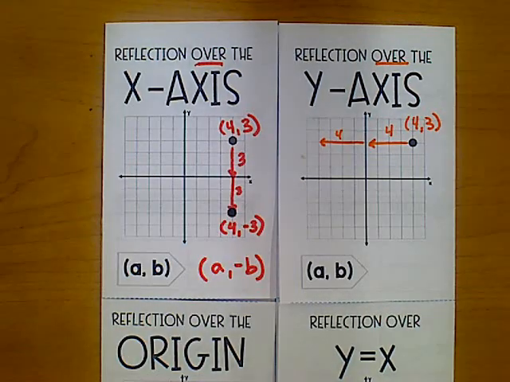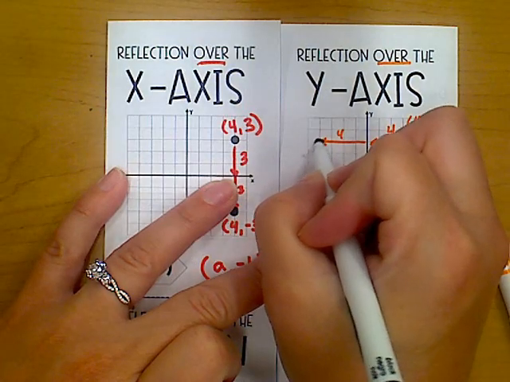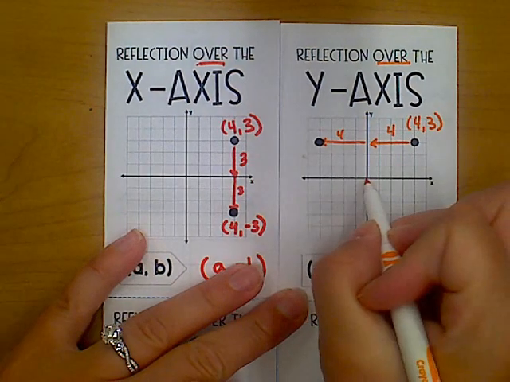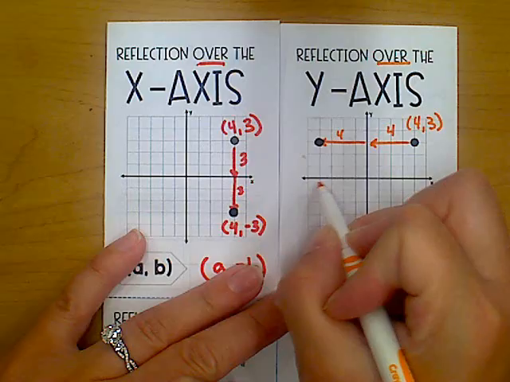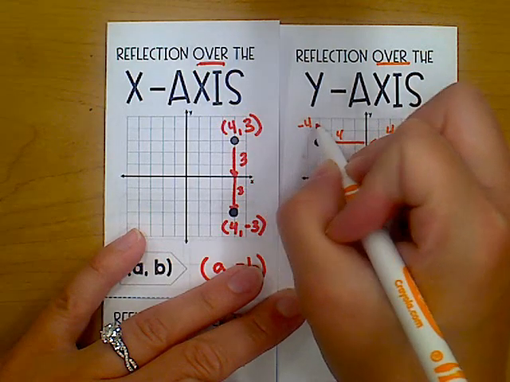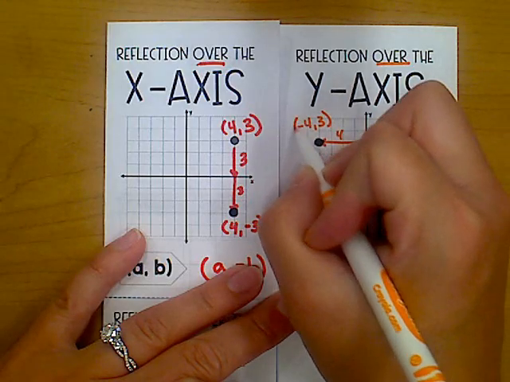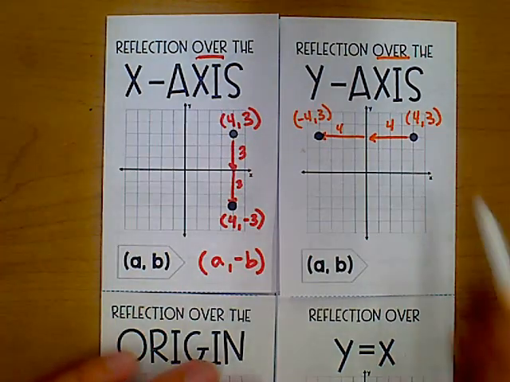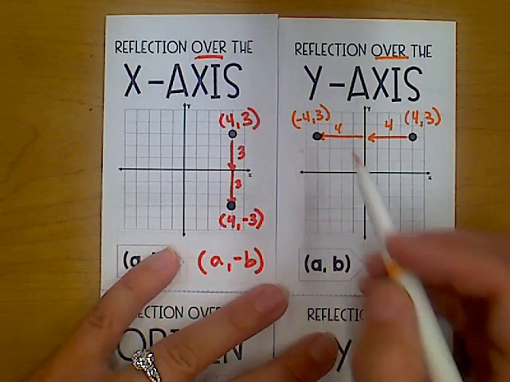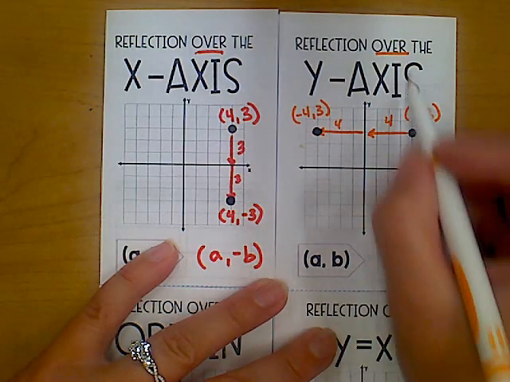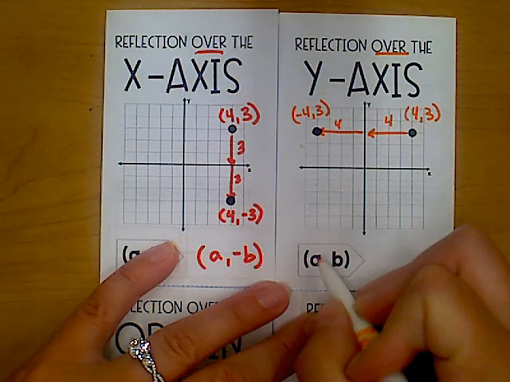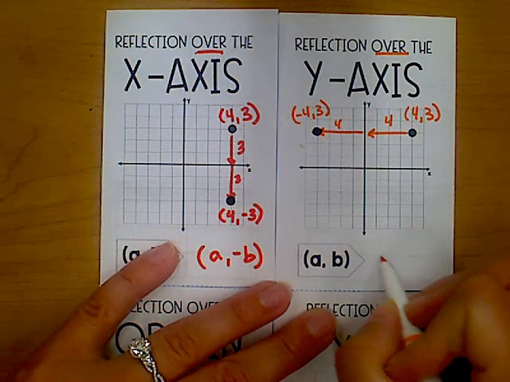Now our new point is right here, which is at, since I start from my origin and I'm going left, -4 and then up 3. So this new ordered pair would be (-4, 3). Noticing that we went from (4, 3) to (-4, 3), we say that when reflecting over the y-axis, your x-coordinate, in this case A, is going to go to the opposite.